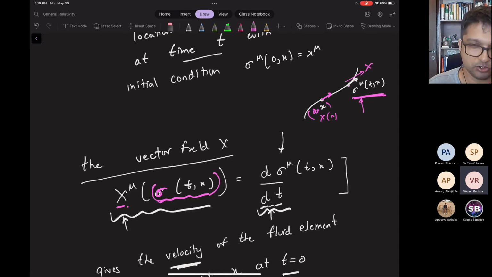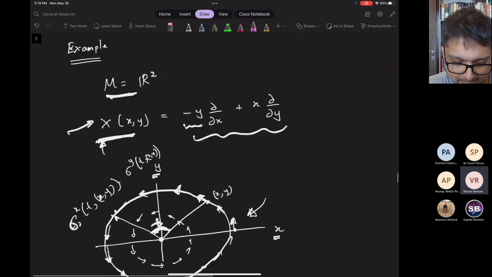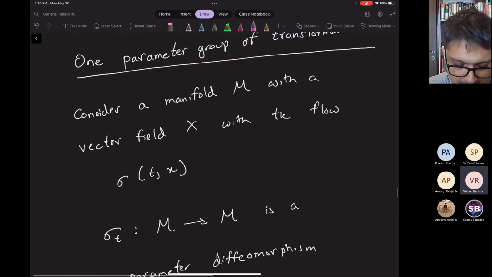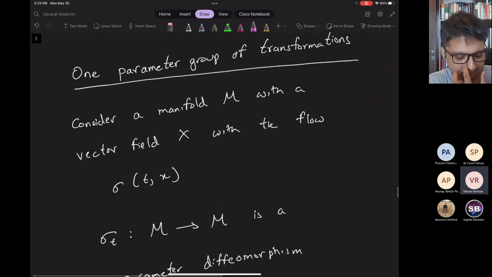Right, so I want the tangent vectors to match, and as I'm changing points along the flow, my X is also changing, because I'm at a different point in the manifold.